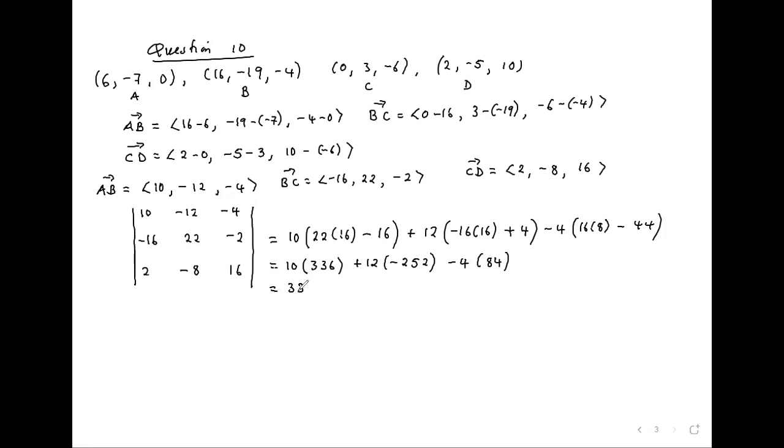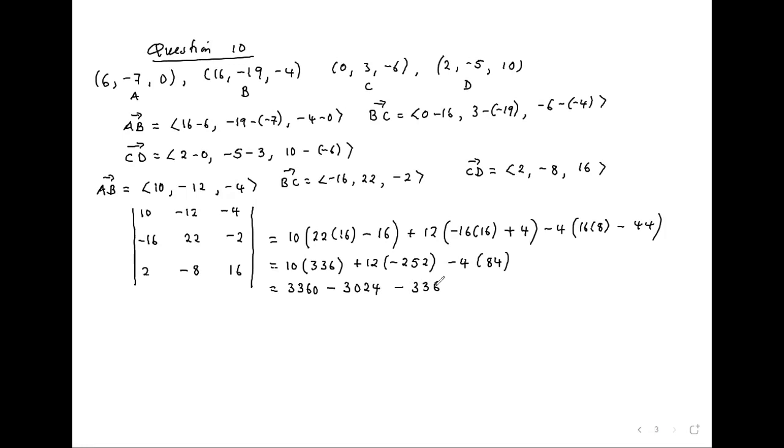Which is 3360. And then 252 by 12, you get minus 3024. Then 84 by 4, you get negative 336.